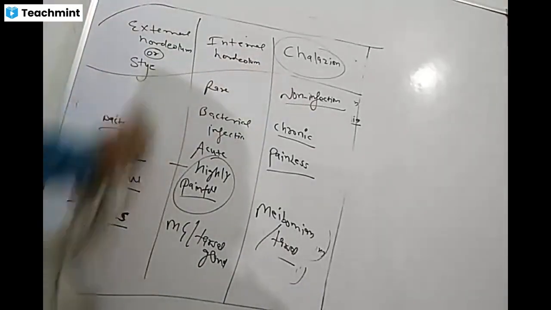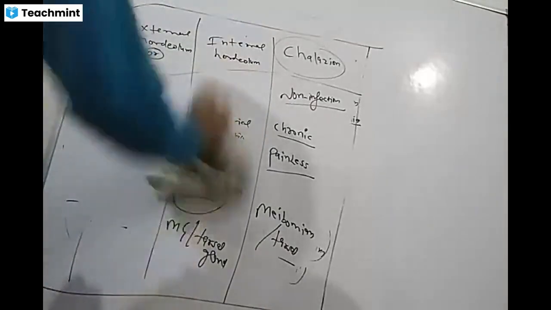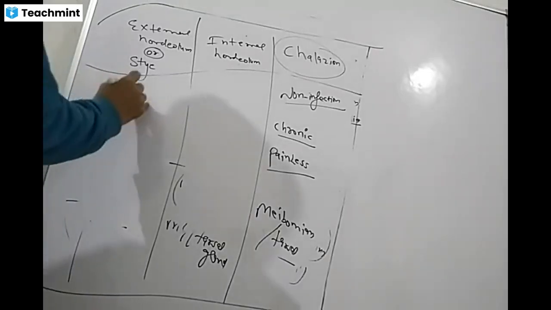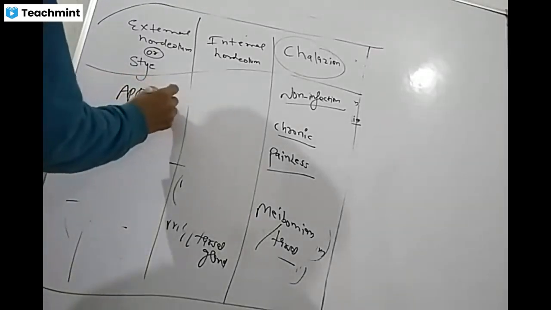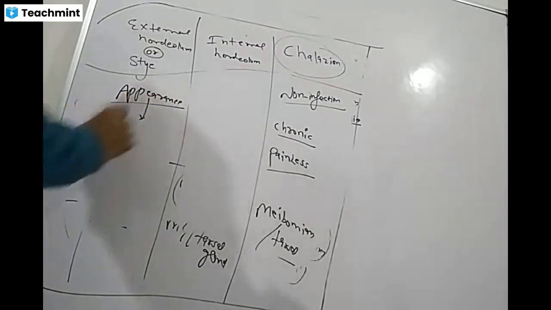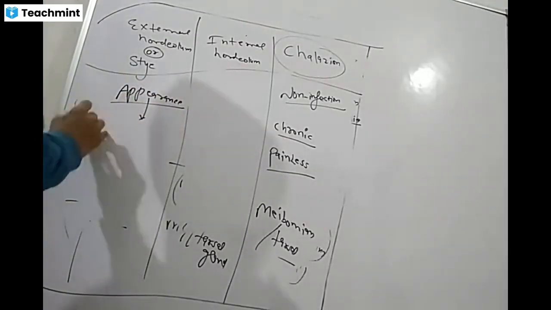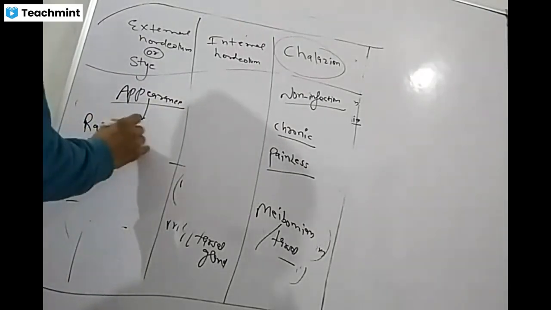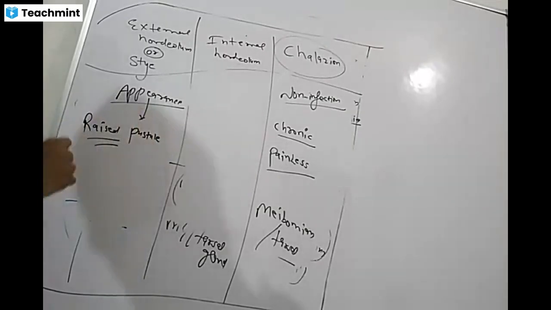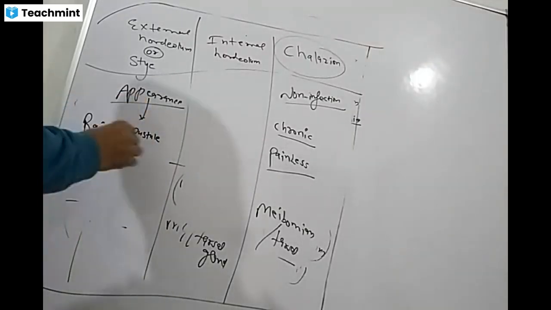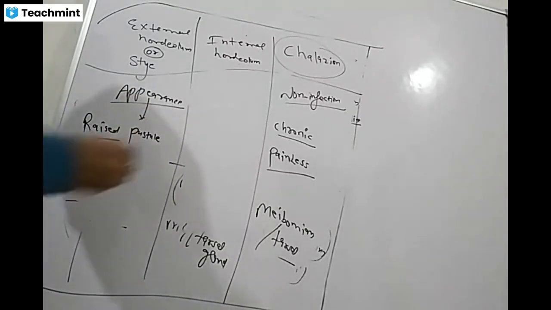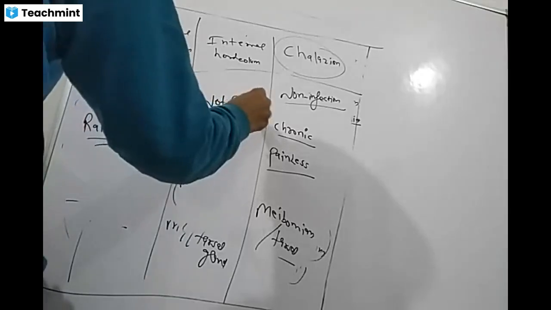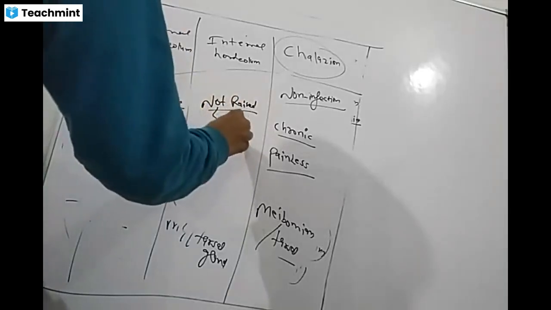One more difference between external and internal hordeolum is based on the appearance, how it appears. In external hordeolum there is a raised pustule on the external margin. Here, in internal, it is not raised, it is small.